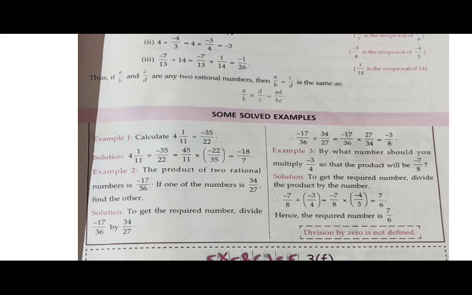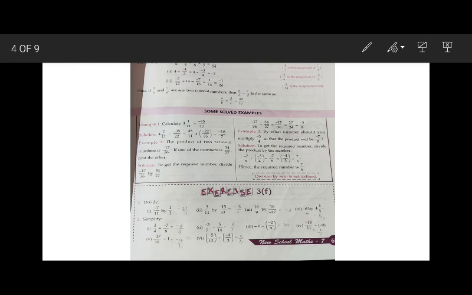Question is 4 whole 1 by 11 divided by minus 35 by 22.